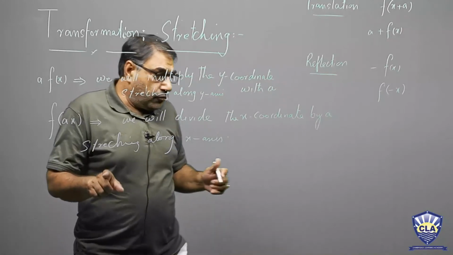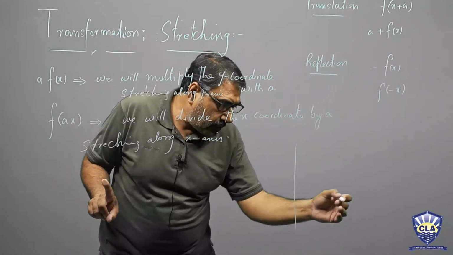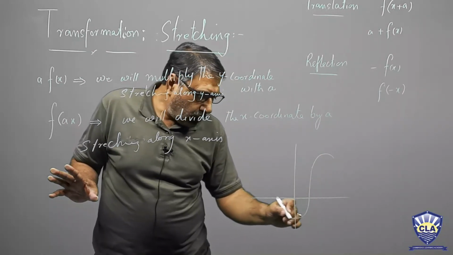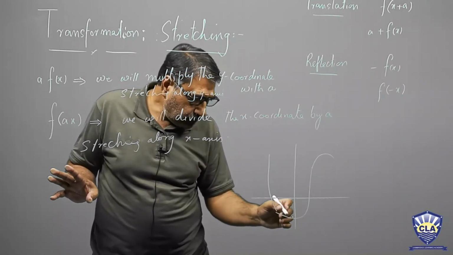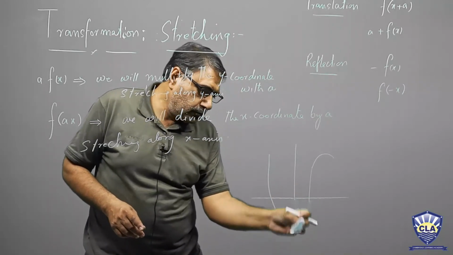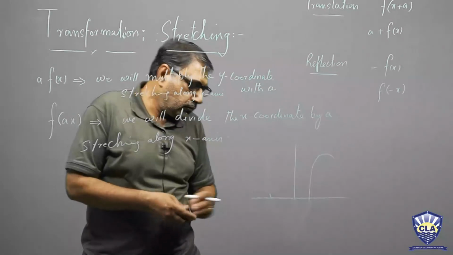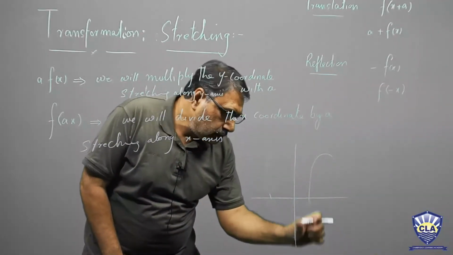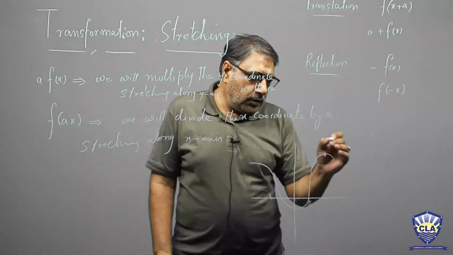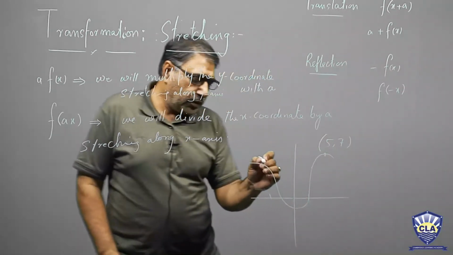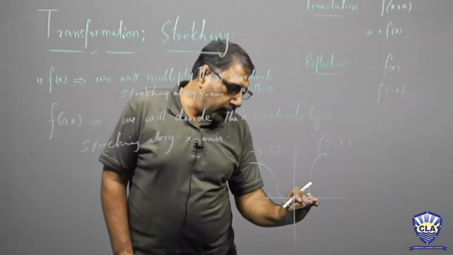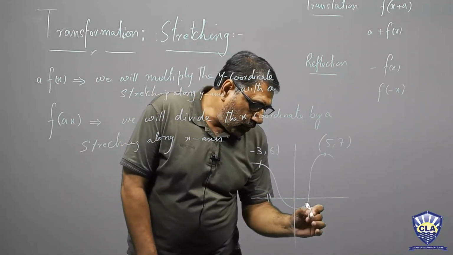So on a graph, if he gives you the points on a curve, say the points are 5, 7 and -3, 6 and this point is 1, -1.